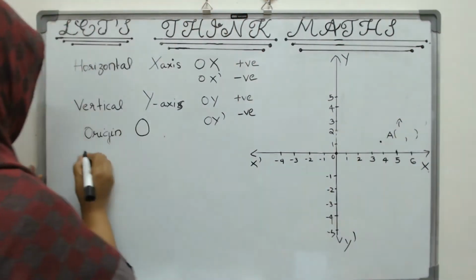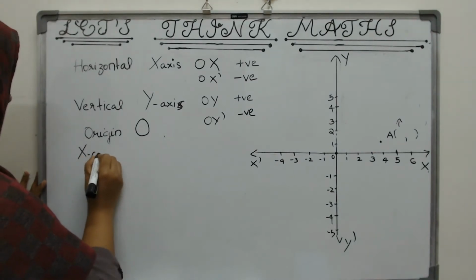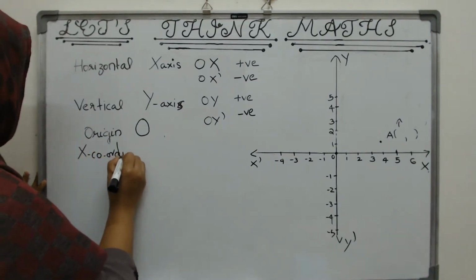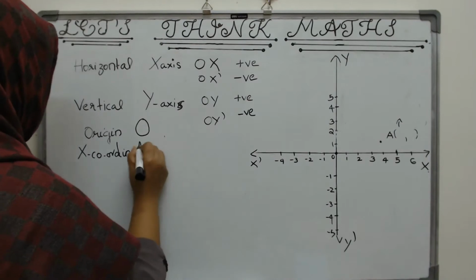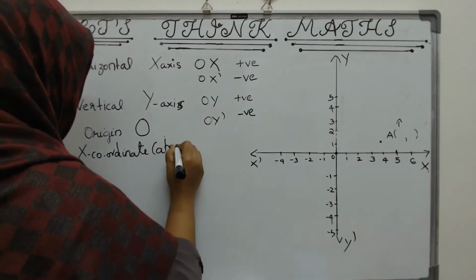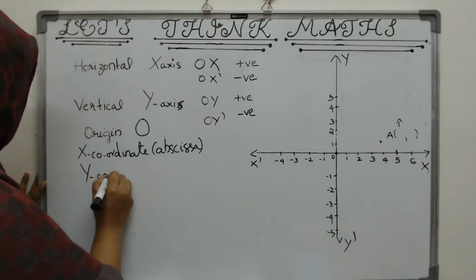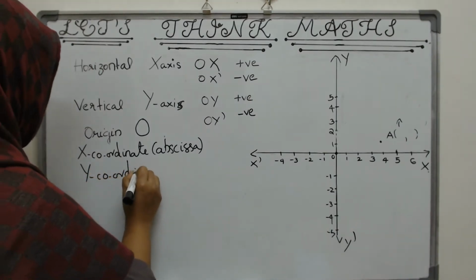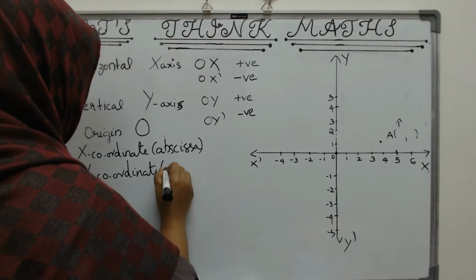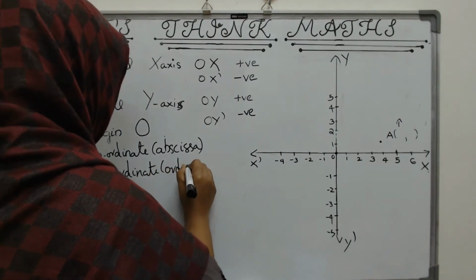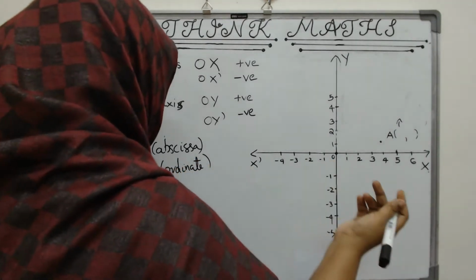The first of those numbers is called the X-coordinate or the abscissa of A. The second number is called the Y-coordinate or the ordinate of A. Now, what are these two numbers?